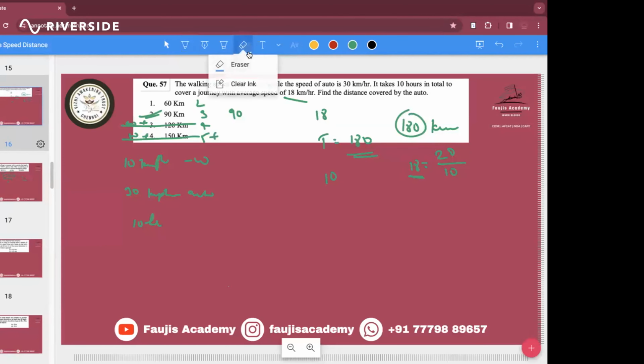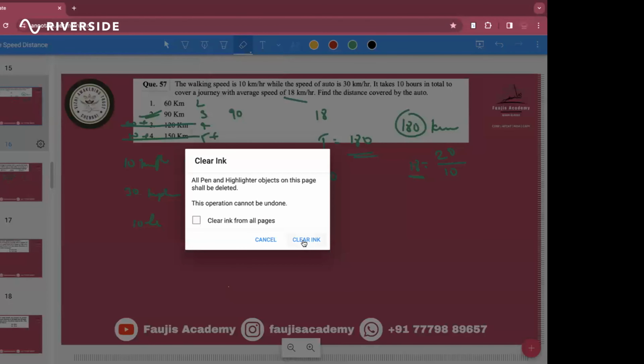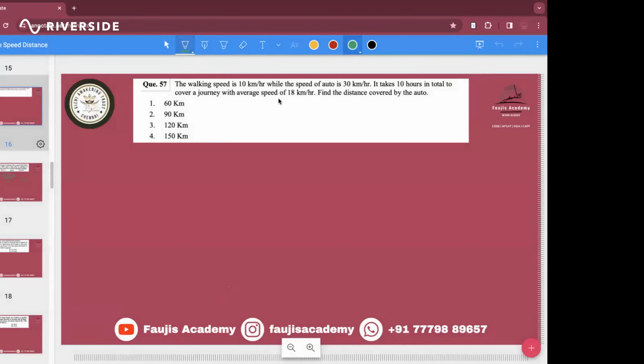Let's say if we have to go by the options. So 90, what is the distance covered by auto? Okay. So 90 kilometers, total distance covered is 180. So 90 kilometers by auto and 90 kilometers by walking.